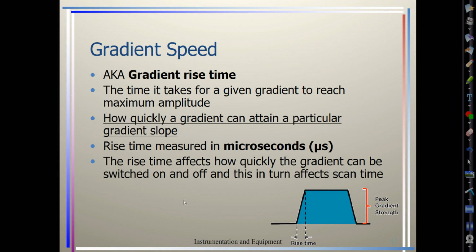So the rise time affects how quickly the gradient can be switched on and off. And this in turn affects our scan time. So you're hearing that constant beating on the machine, and that really is those gradients switching on and off. And if it's happening faster, that means we have very quick rise times.